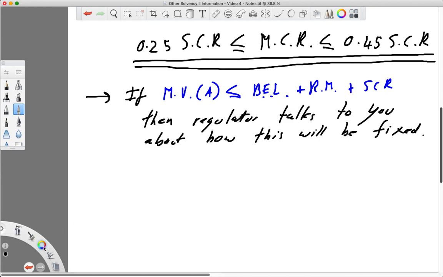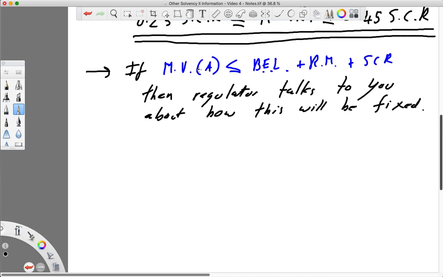The impact of getting close to the MCR is different. So suppose the market value of assets has dropped below this, but perhaps even further.